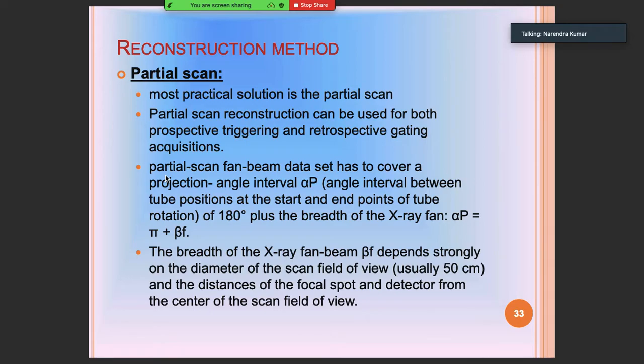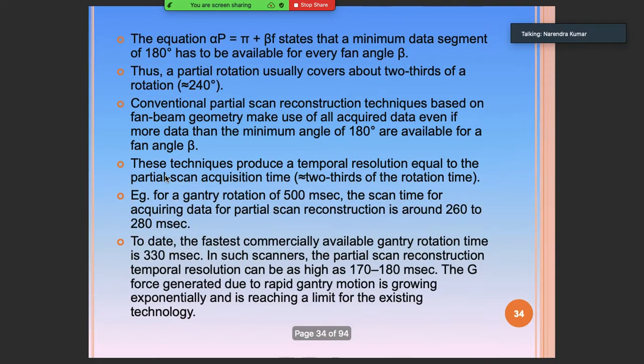When we look at the reconstruction method, it tends to have the partial scan. The partial scan is the most practical solution. The partial scan reconstruction can be used for both the prospective triggering and the retrospective gating acquisitions. For the partial scan, the fan beam data set has to cover a projection angle interval as well.